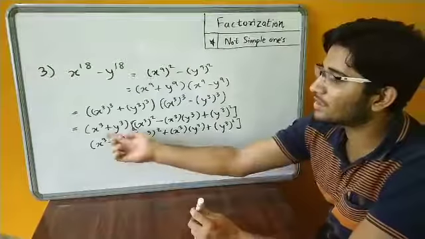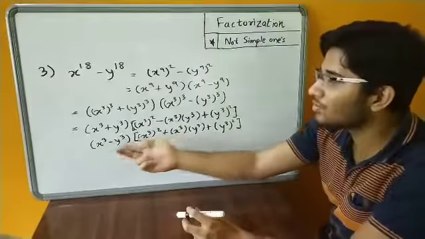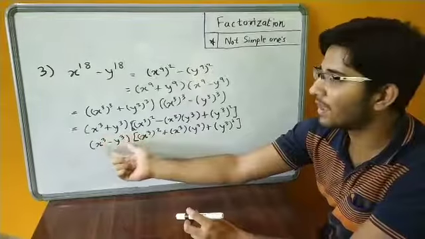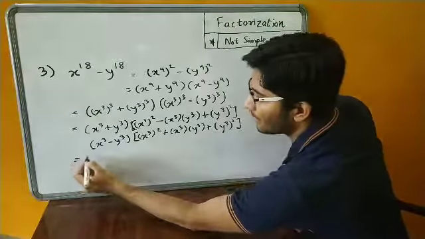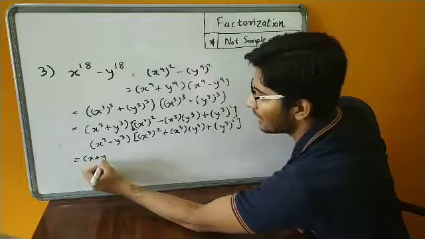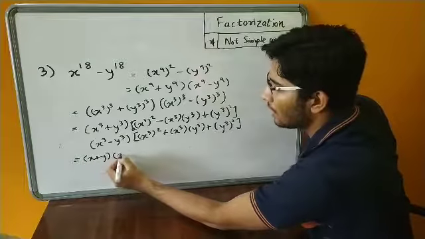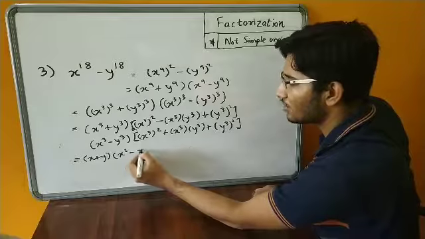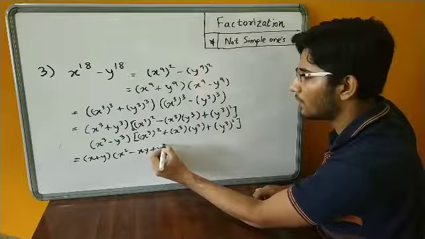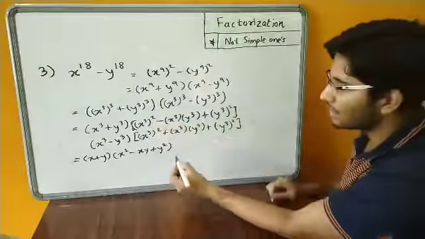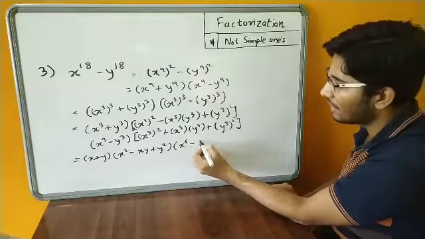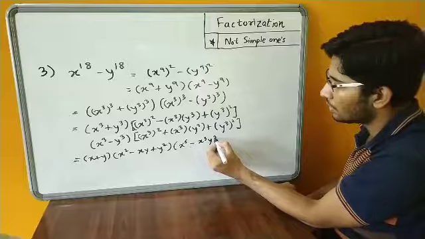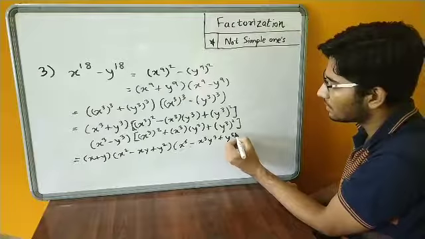Now again for the first and fourth bracket we can use the formula for a cube plus b cube, a cube minus b cube. So for the first bracket, x cube plus y cube is x plus y into x square minus xy plus y square. Then the second bracket is x raised to 6 minus x cube y cube plus y raised to 6.